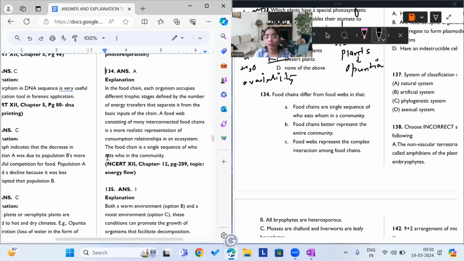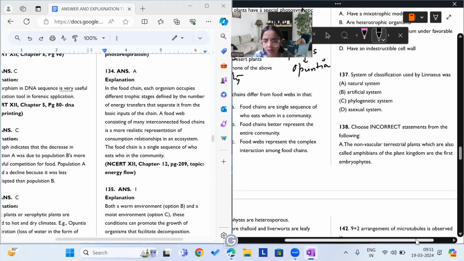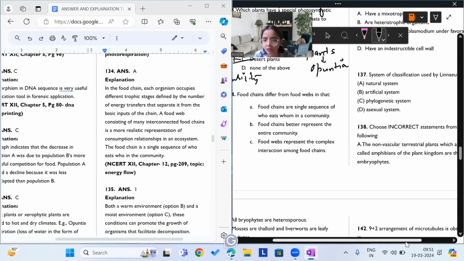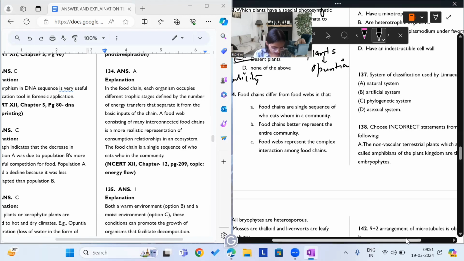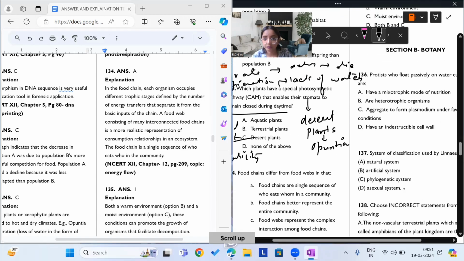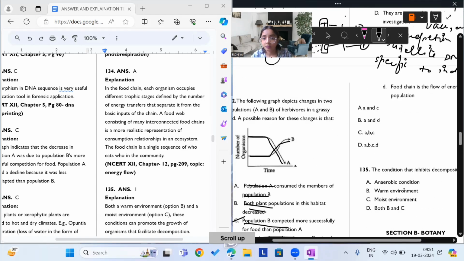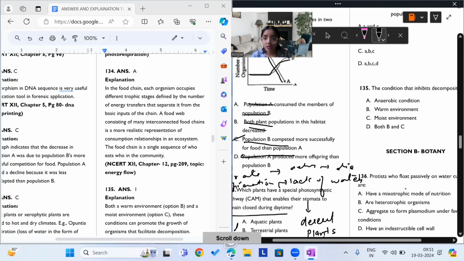So the answer should be clear to you. So what does it say? See, it is saying food chains are a single sequence of who eats whom in a community. This is correct. It is a correct statement.